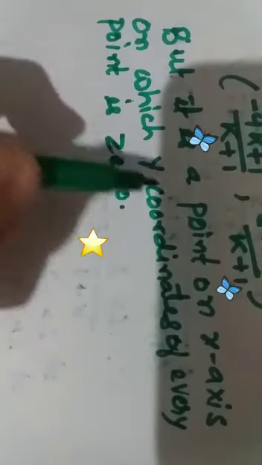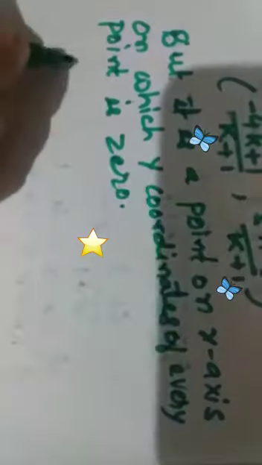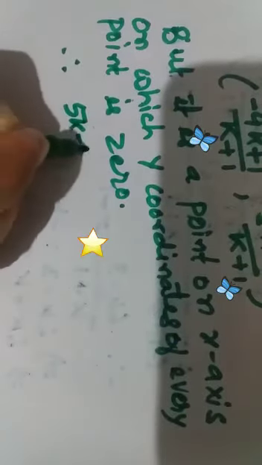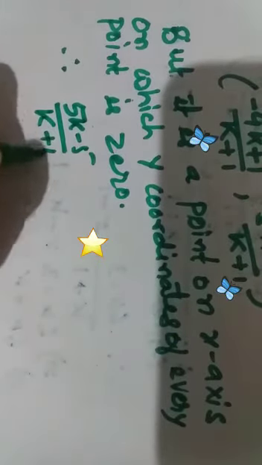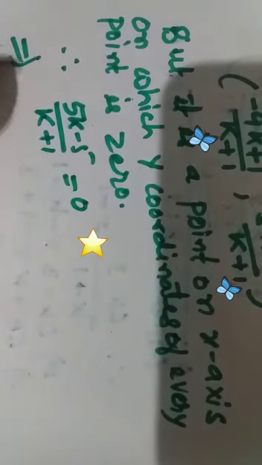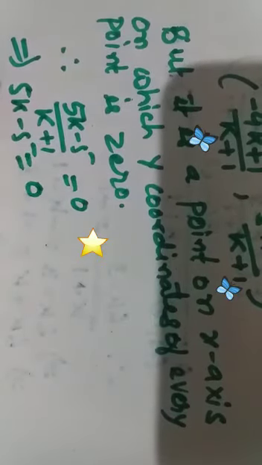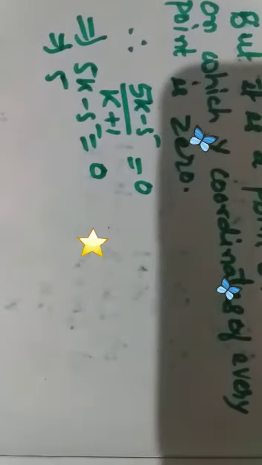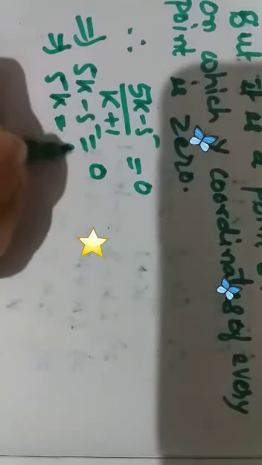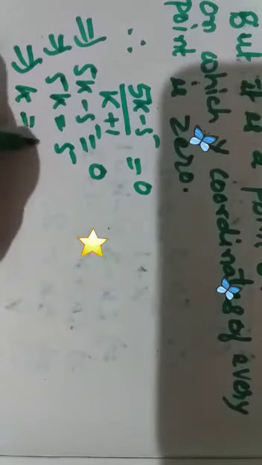Now this is very easy for us. We can consider the y part as 0, so (5k minus 5) by (k plus 1) is equal to 0. That implies 5k minus 5 is equal to 0, 5k is equal to 5, and k is equal to 1.